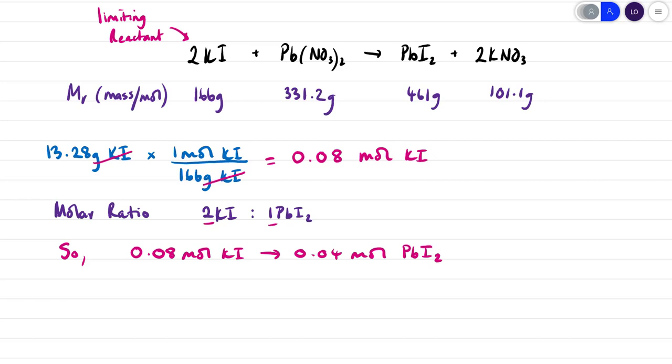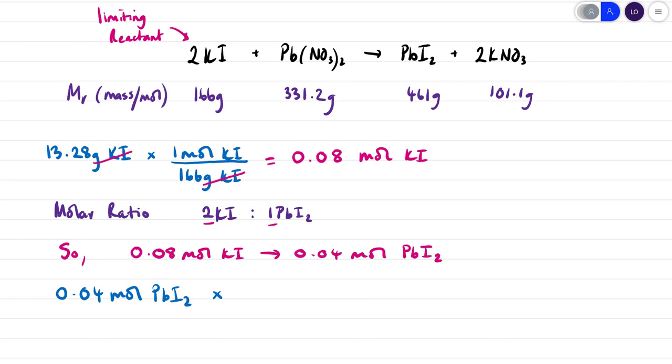Now that we know the amount of moles of lead iodide that is produced, we can work out how many grams that would be using the mass per mole, or the relative molecular mass, as a conversion factor. So we have 0.04 moles of lead iodide, and we're going to use our conversion factor. Remember, we need moles of lead iodide to be on the bottom this time.